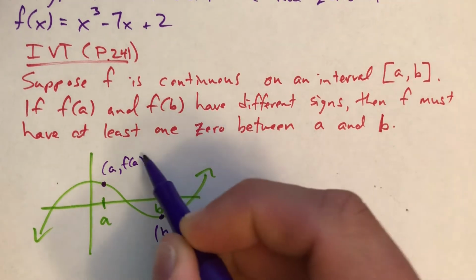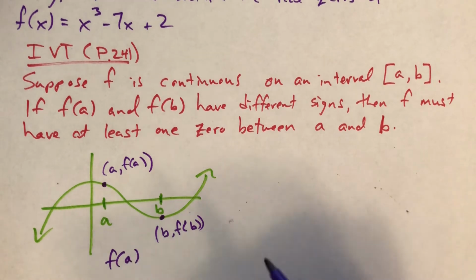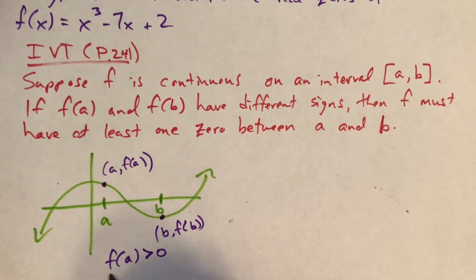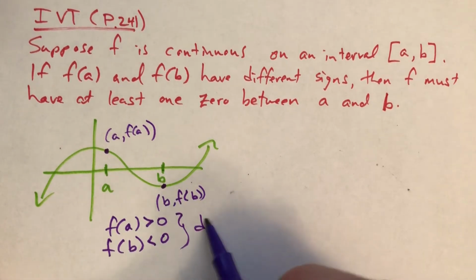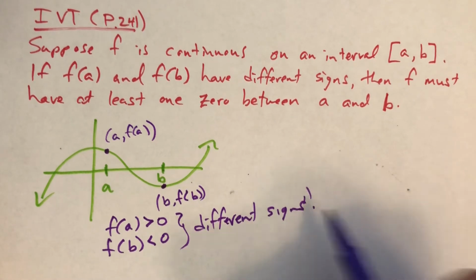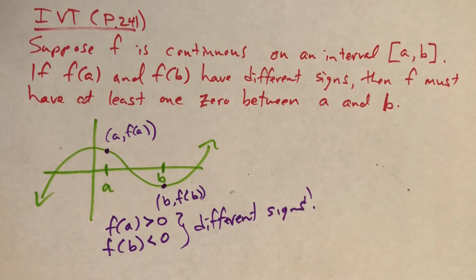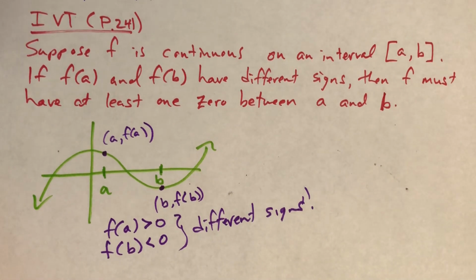We can see that in the picture f of a is bigger than 0, and f of b is strictly less than 0. So they have different signs, right? If a polynomial function is positive on one side and negative on the other side, it's got to cross through the x-axis at some point. That's really all that the intermediate value theorem says, and we can go ahead and apply it.